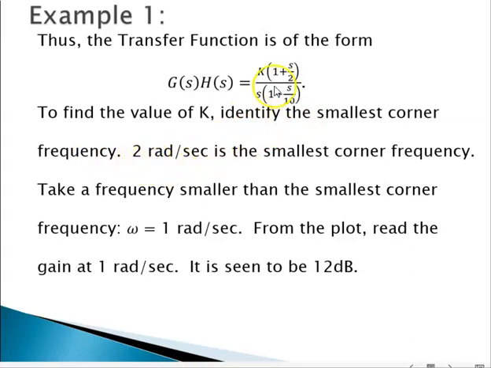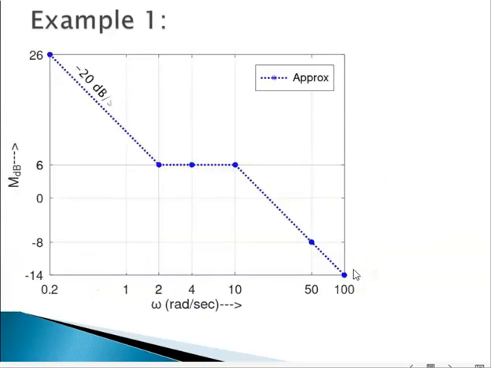2 radians per second is the smallest corner frequency. Take a frequency smaller than the smallest corner frequency, let us say 1. From the plot, read the gain at 1 radian per second. It is seen to be 12 dB. We'll just show it there. At 1, you can read the dB value.